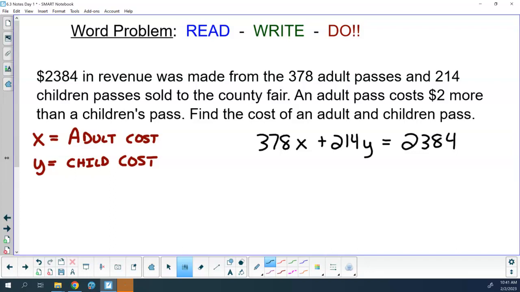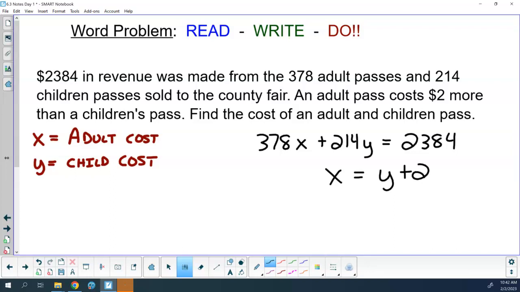Do you agree with that? Adult pass is $2 more than the children's pass. So to make it equal, add the 2 to the kids' pass. Okay? So I would rather say x equals y plus 2.